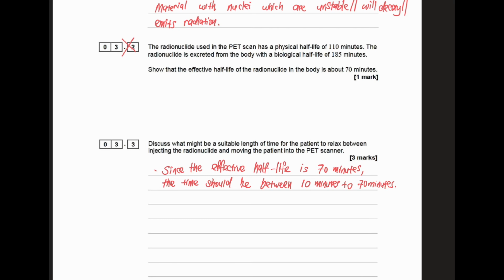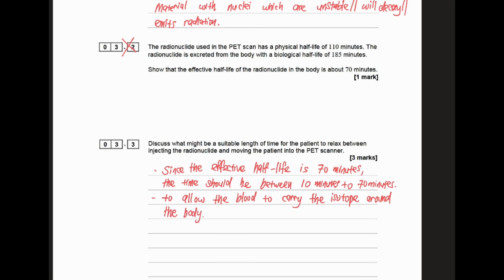Okay, now second point. So to allow the blood to carry the isotope around the body.